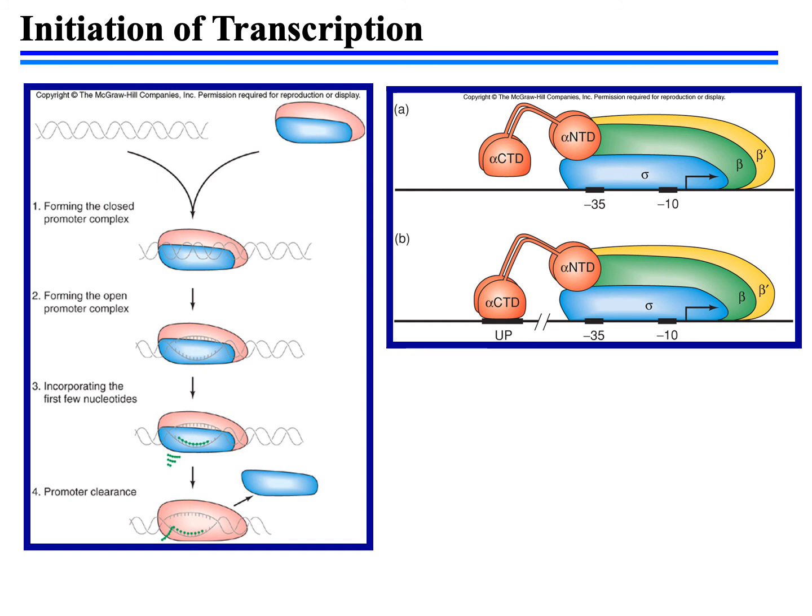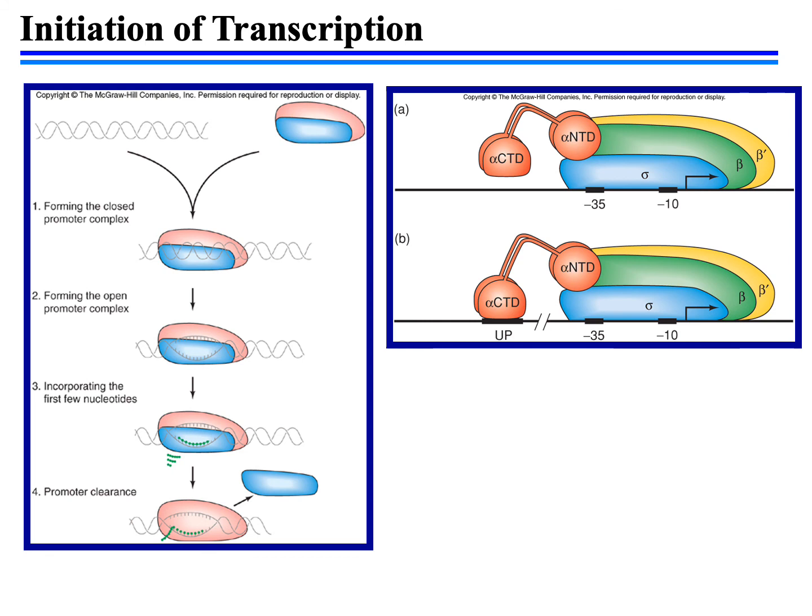What is important to understand is that there's a portion that you can see, the NTD, which associates with the core polymerase, and the CTD, which is associating with an upstream element. What this does is allow for a nice tight interaction with the upstream element and the C-terminal domain of the sigma factor, and this essentially anchors down that polymerase to ensure that promoter clearance can in fact occur and transcription continues on into the elongation phase.